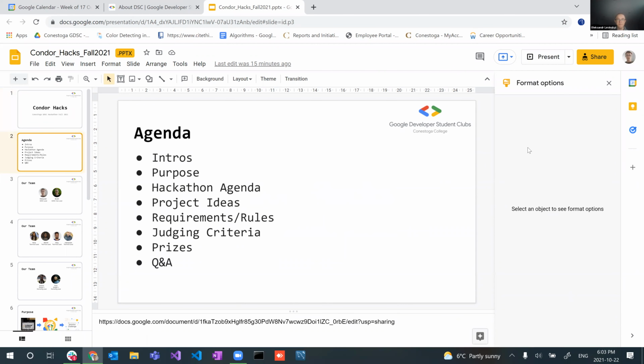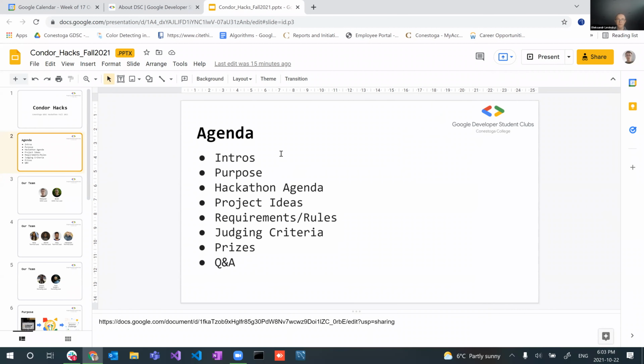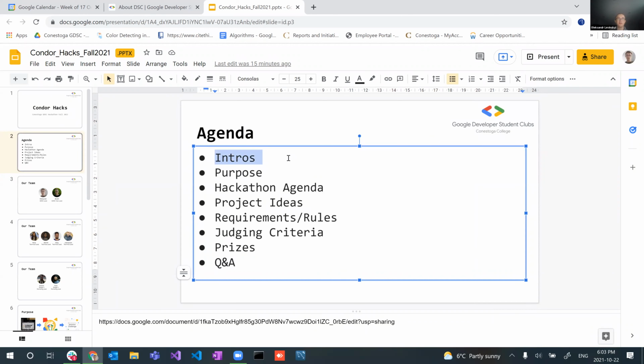As an agenda, I'll first introduce the core team of the club, then the purpose of the hackathon.